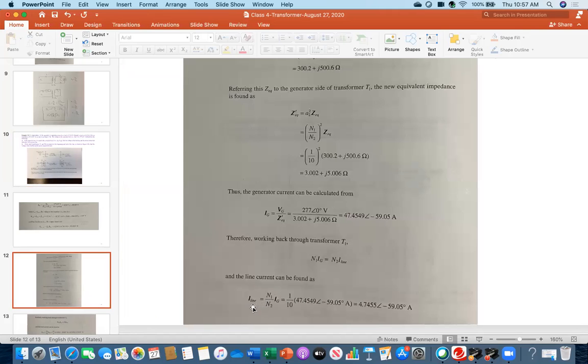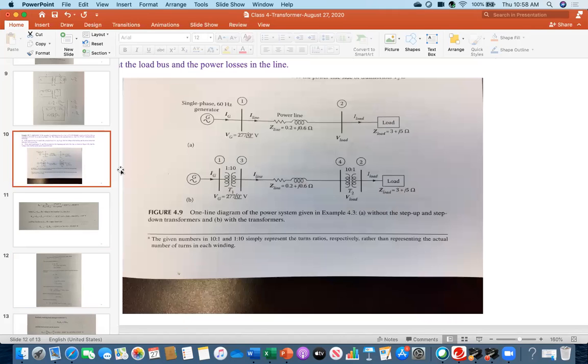I line over IG means I2 over I1. I line is your I2. In this case, does IG equal I load? No. IG is this generator current, the main current. This is the IG and I line is for this section, and I load is here after this transformer.